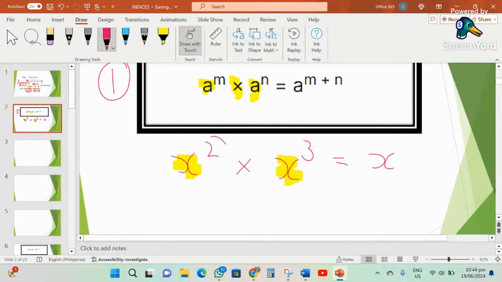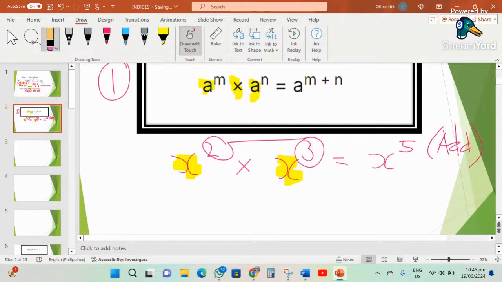You add the exponents, which gives you 5. So x to the second power multiplied by x cubed gives you x to the fifth. You have to add exponents. Let's have another example.